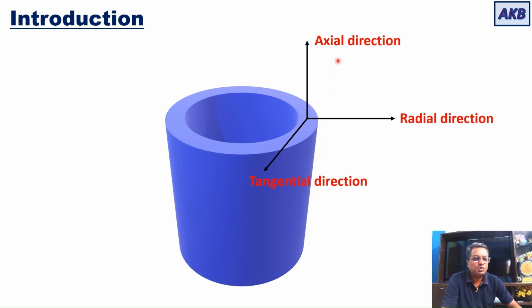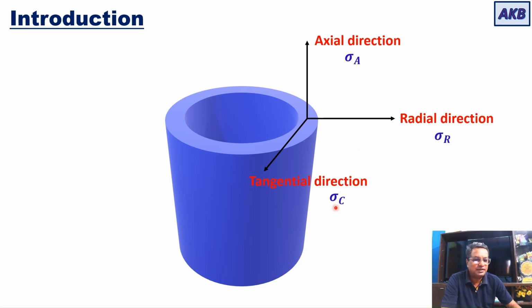The stress induced in axial direction is the axial stress or the longitudinal stress, which we are going to discuss in detail today. And then in the radial direction, you have radial stress, and in the tangential direction, you have the circumferential stress, or you can also call it tangential stress.